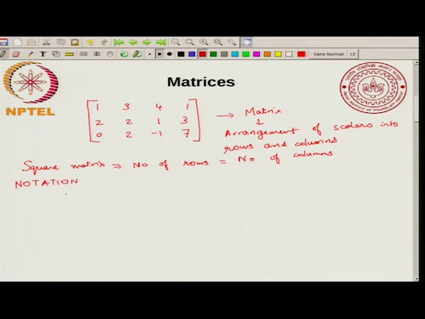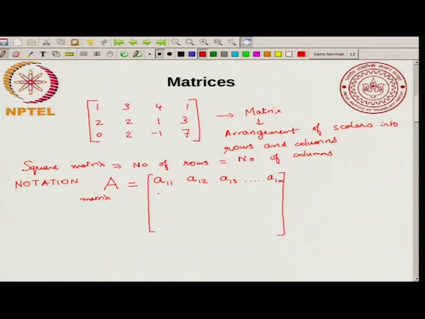if A denotes a matrix, it is denoted by a rectangular array, and I'll start with it in general and then explain. The elements of A are denoted as a 1 1, a 1 2, a 1 3 up to a 1 n.